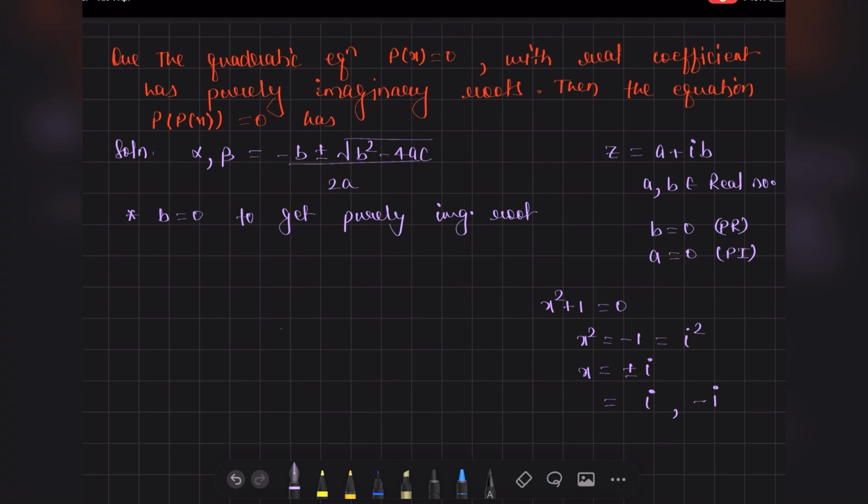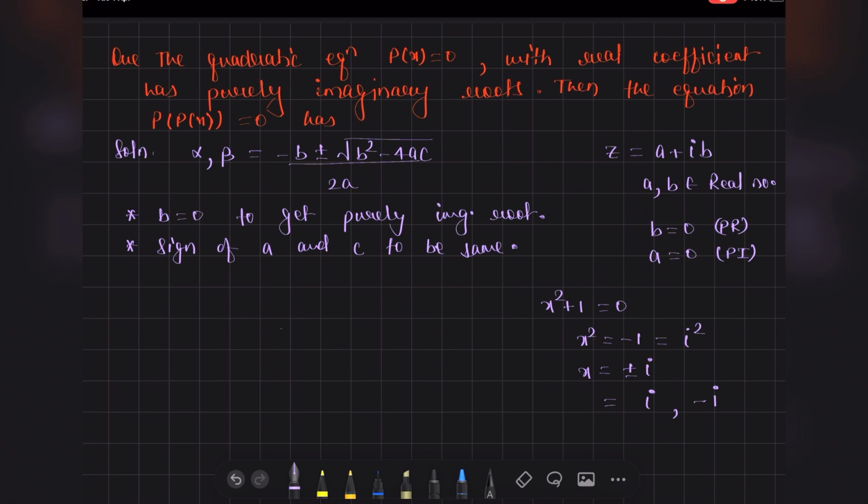You don't have anything in the real part, so it is purely imaginary. We can also conclude that to find a purely imaginary root, the first condition is b should be 0, and the second condition is the sign of a and c should be the same.